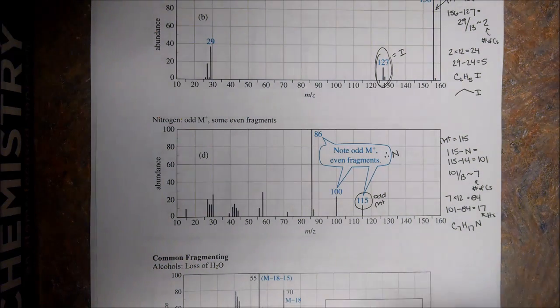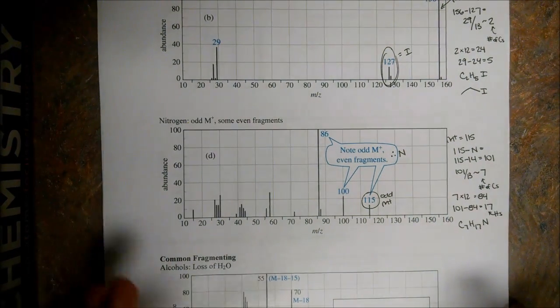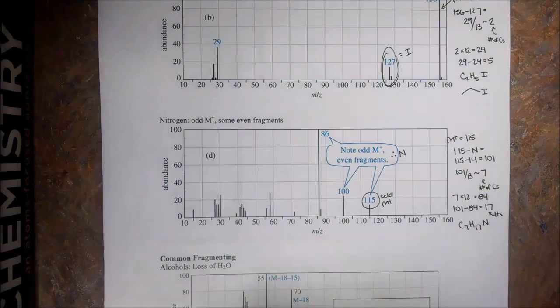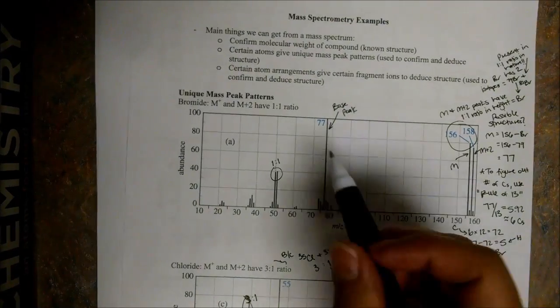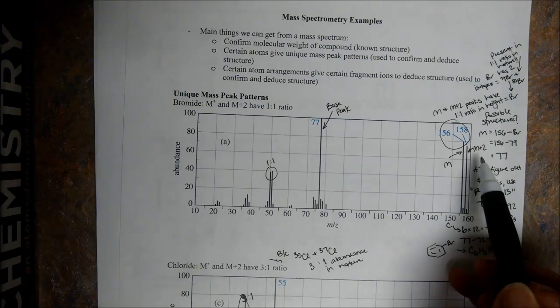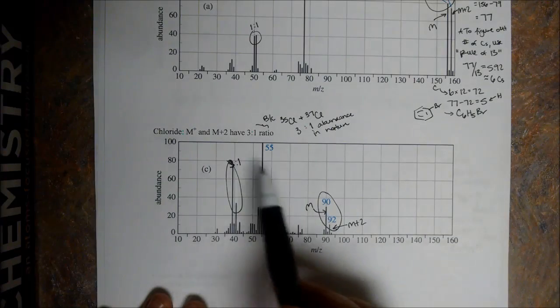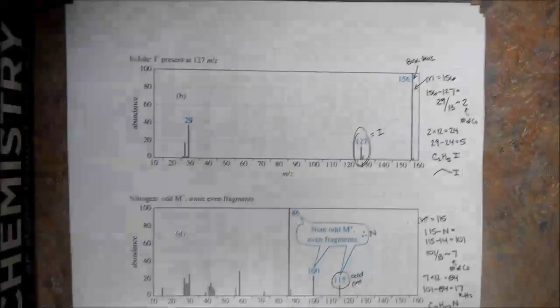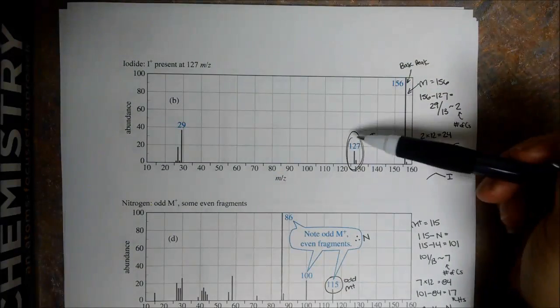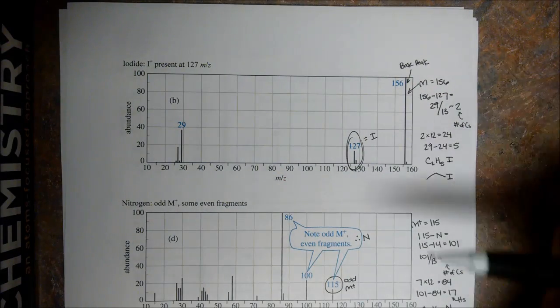Nice. So again, those are the unique mass patterns. There really are, that's about it. Molecular ion M plus 2 in a 1-to-1 ratio, bromide. 3-to-1 ratio, chloride. When we have 127 present as its own peak, it could mean that we have an iodide.